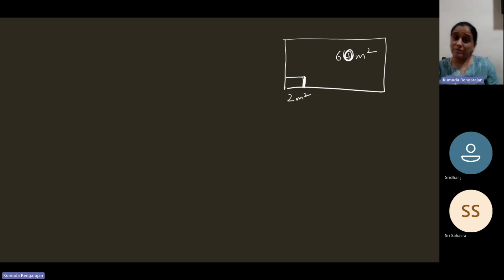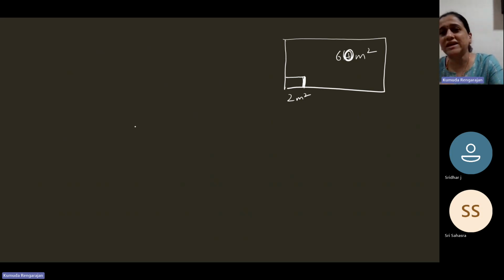The floor is now rough, it's just cement, so you have to lay tiles on it. The area of the floor is 60 meters square, for example. When you place one tile, it covers 2 meters square.